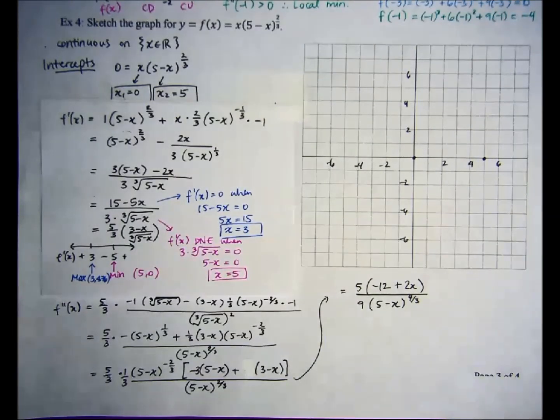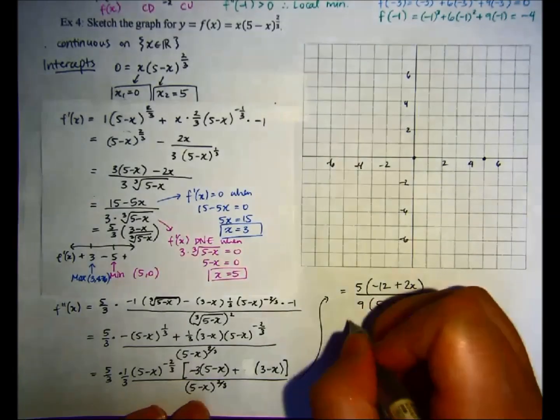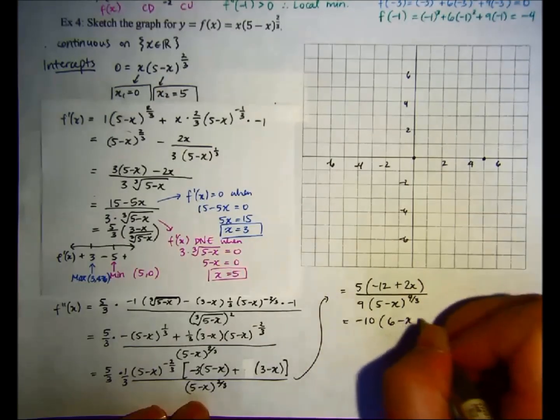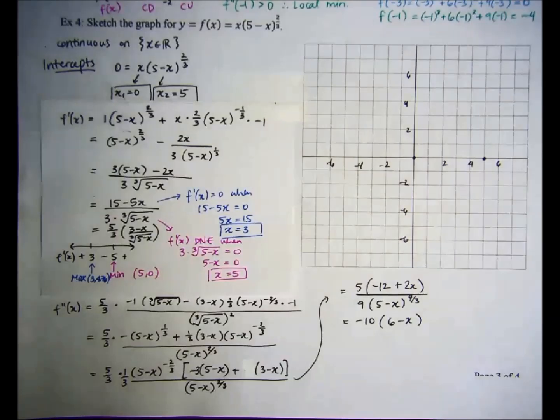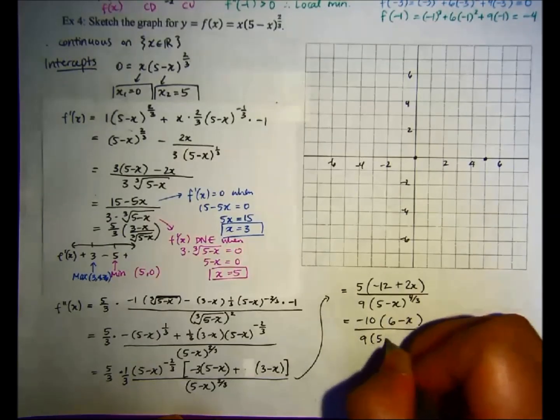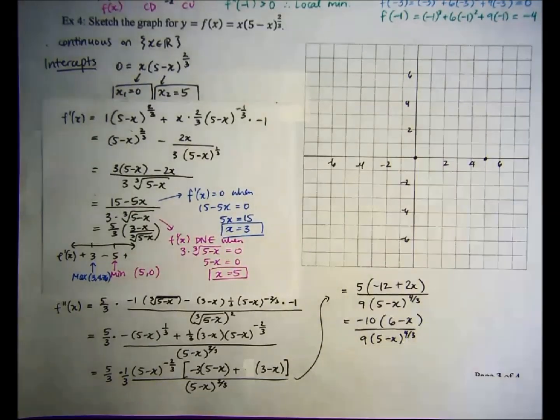And then last but not least, you can factor out a negative 2 here, so this will be negative 10 times 6 minus x over 9 times 5 minus x to the 4/3.